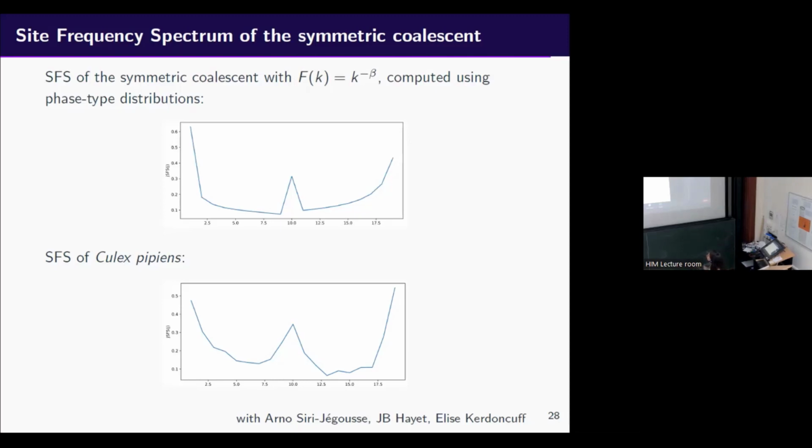We were doing our PhD in Paris at the same time, but she's more of a biologist. We have this site frequency spectrum of mosquitoes that has a nice peak, as in the model. And maybe it means that it's a signal of demographic bottlenecks.